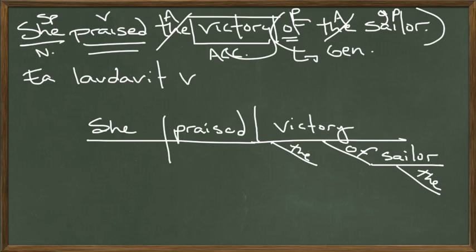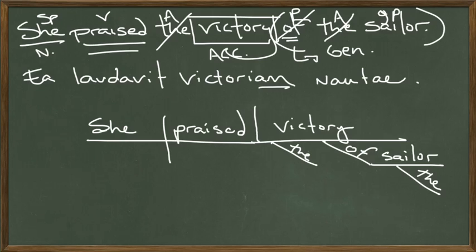So, ea laudavit victoriam. It's victoriam, because it's in the accusative case. And to say of the sailor, we actually don't translate of either, we just put sailor in the genitive case in Latin. So we would have nautae. Ea laudavit victoriam nautae.